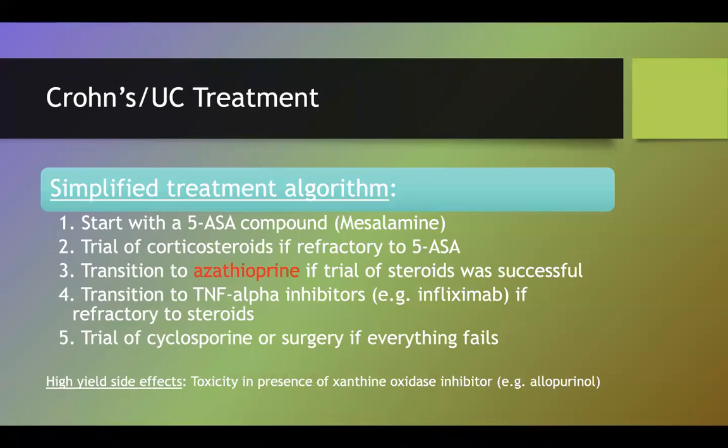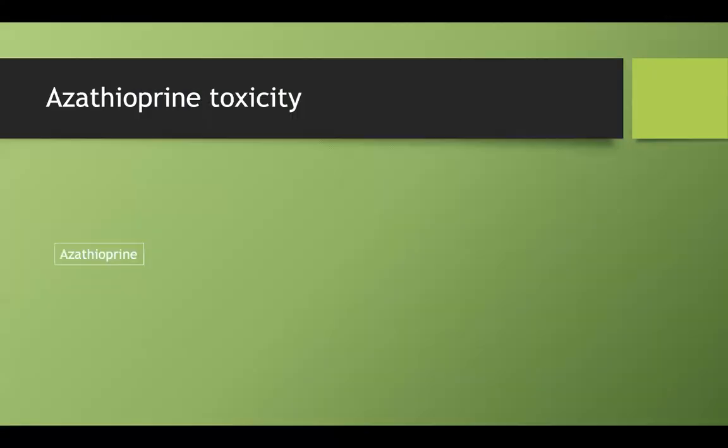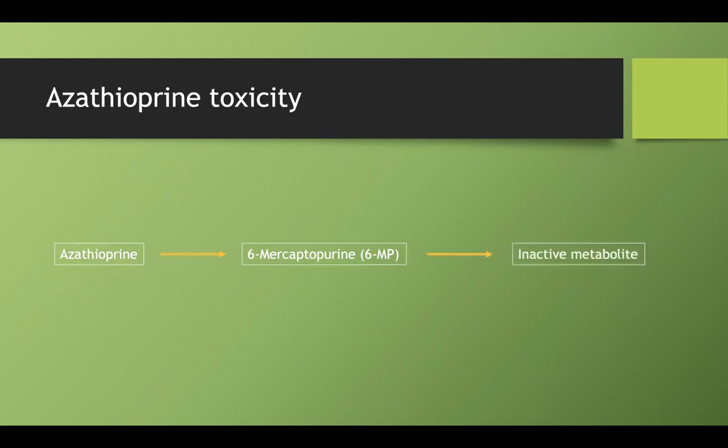Azathioprine is tested more often than it should be: if you give azathioprine with something like allopurinol, you can actually get toxicity. And the reason why this happens is that azathioprine is degraded into 6-mercaptopurine, which is also a known agent in itself that you can prescribe. And then this gets degraded into an inactive metabolite.